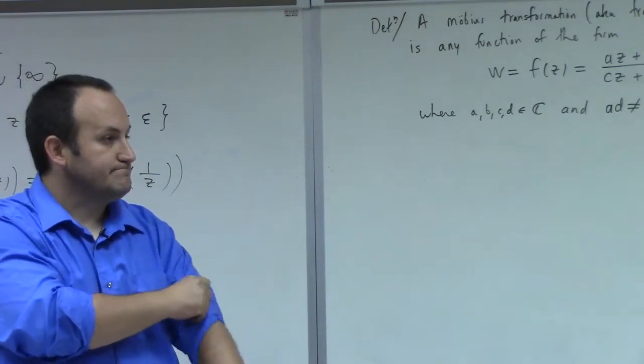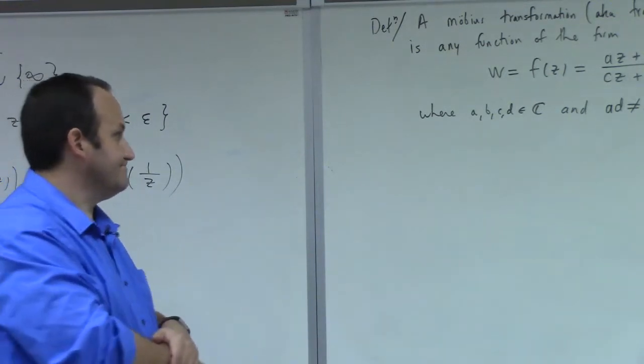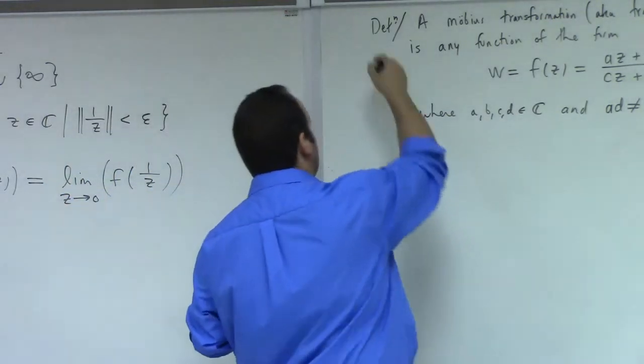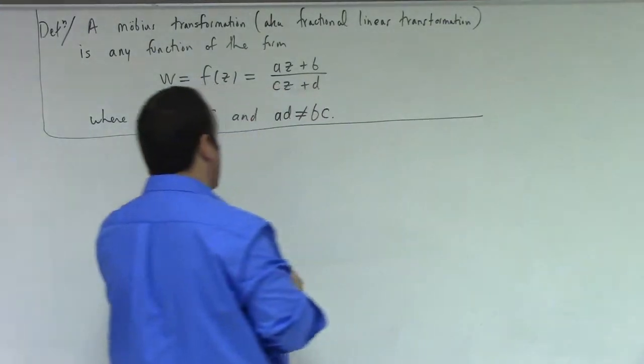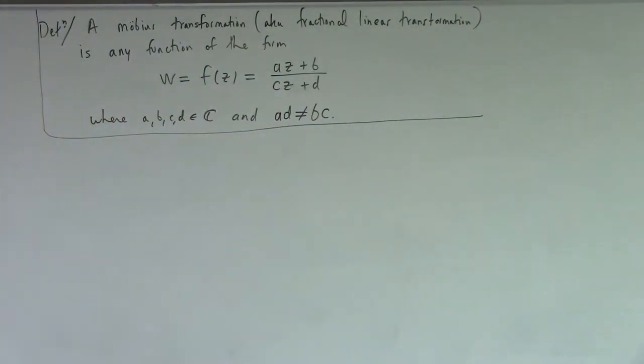Can you show directly, without that theorem, what we get if AD is equal to BC? Like, what constant the function is equal to? Let's see here.